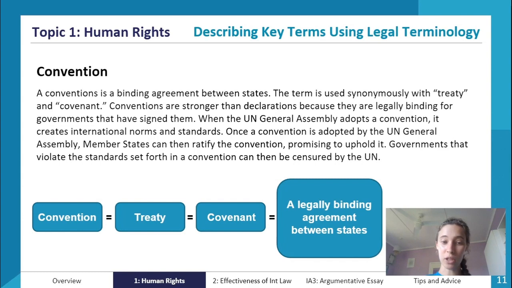Once that convention is adopted, the member states can ratify the convention, and we'll have a look at what ratification means throughout today as well. And if you violate those standards in the convention, then you can get censured by the UN as well, which I'm sure we have seen before.